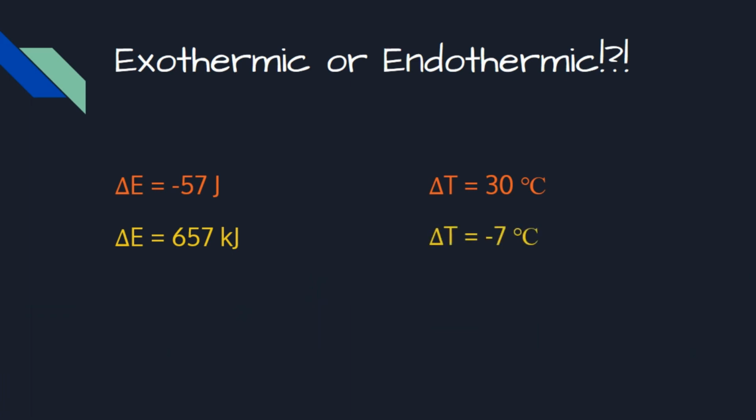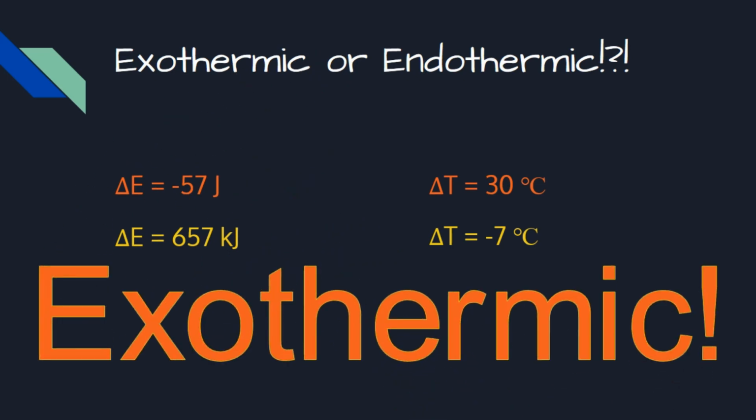Last example, my delta T is negative 7 degrees Celsius. Is this exothermic or endothermic? Well, as you probably guessed, this is exothermic. My products are 7 degrees cooler, have a 7 degree lower temperature than my reactants.